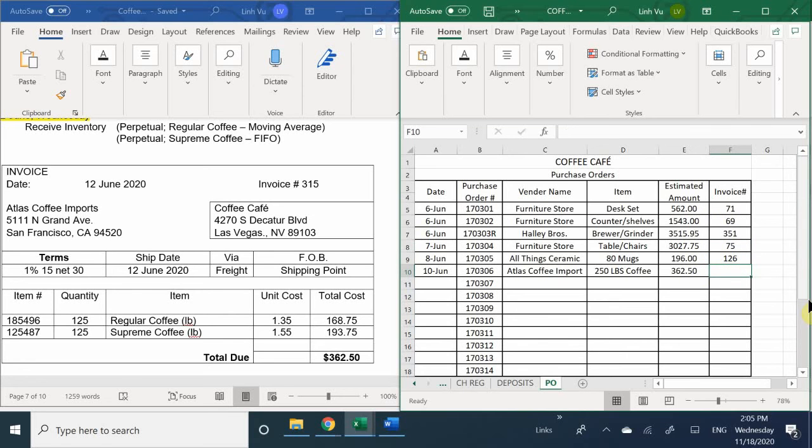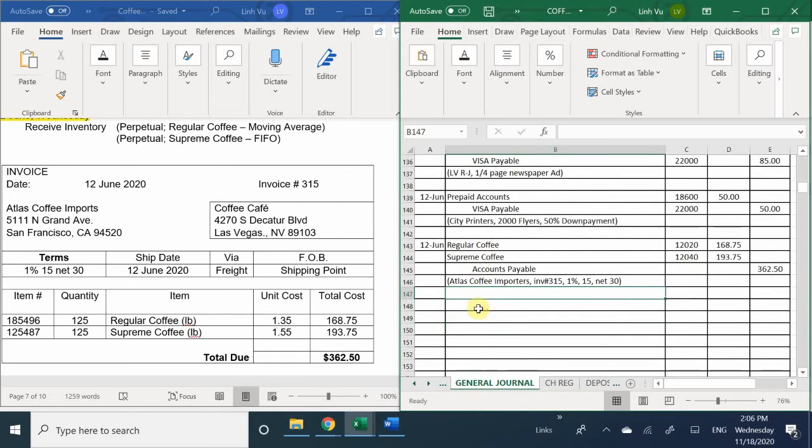And this was invoice 315. Okay, so everything I made purchase orders for has been received so far. All right. Then I'm going to go back to my journal, and now we can go post this to the ledger.